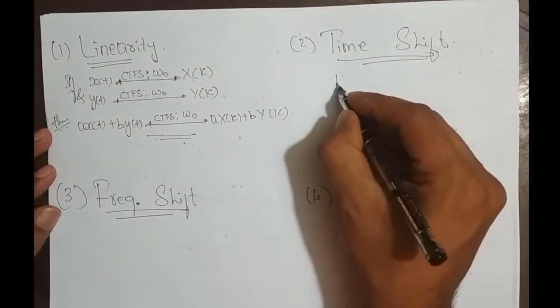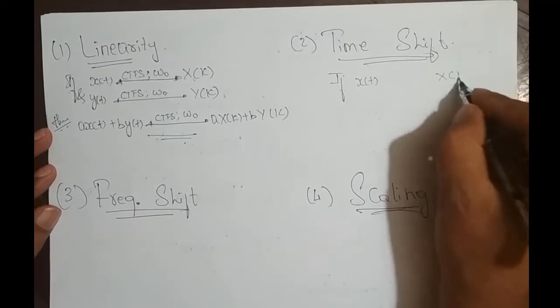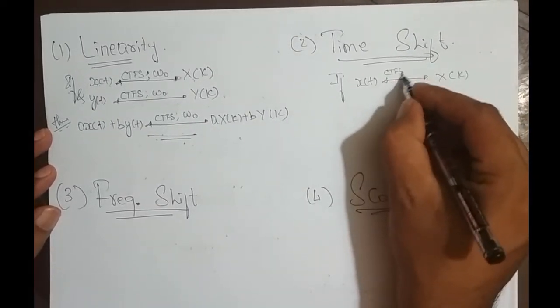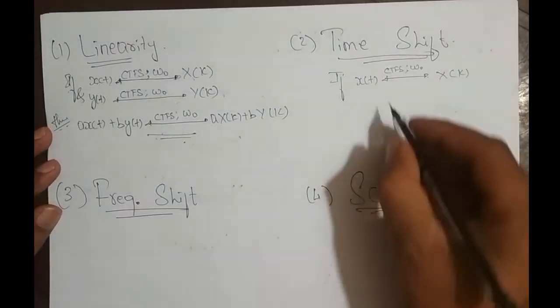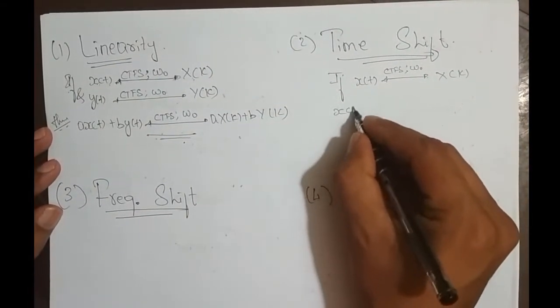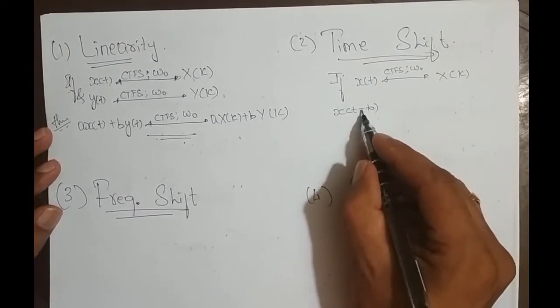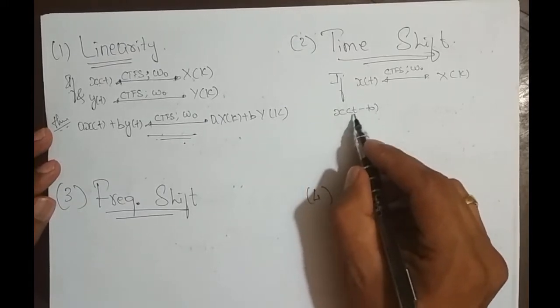Now time shift. Again, if I have a Fourier series pair x of t and X of k with fundamental frequency omega naught, and in time domain I shift the signal by t naught, right or left, this might be plus also, but usually we take it as minus.